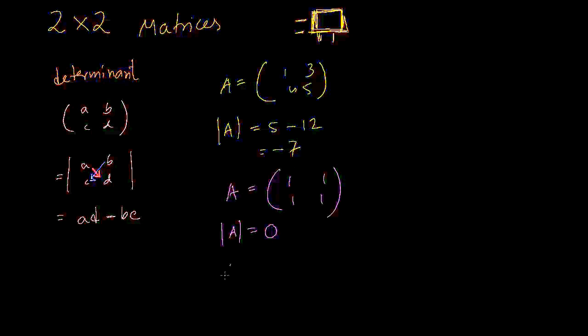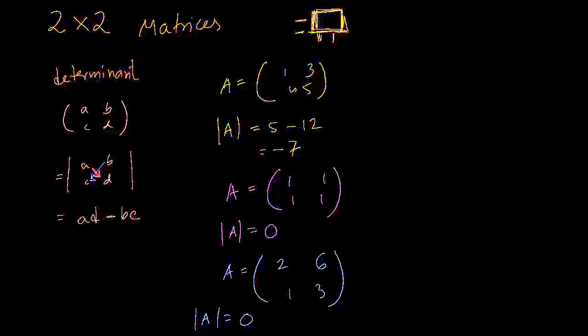For example, if you have a matrix 2, 6, 1, 3, we know that the determinant is again going to be 0 because 2 times 3 is 6, 6 times 1 is also 6. There can be many different types of 2 by 2 matrices where the determinant is 0.